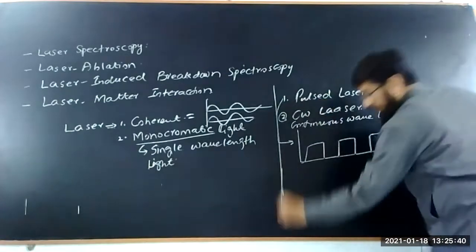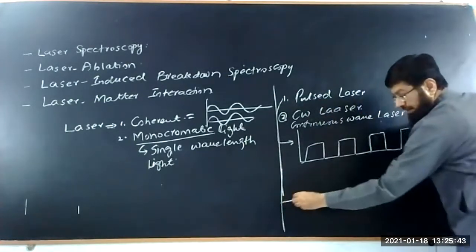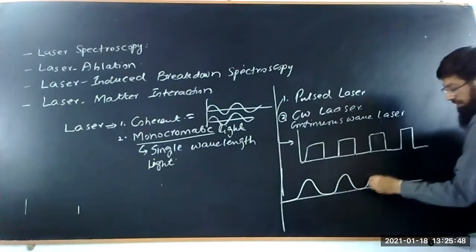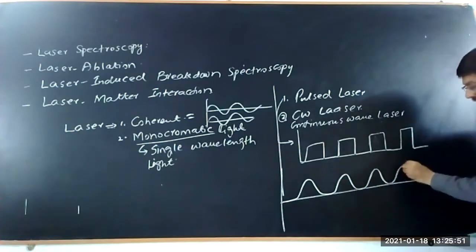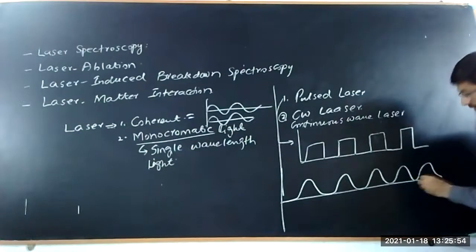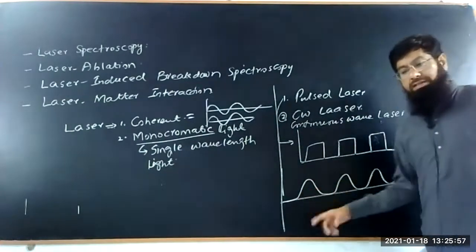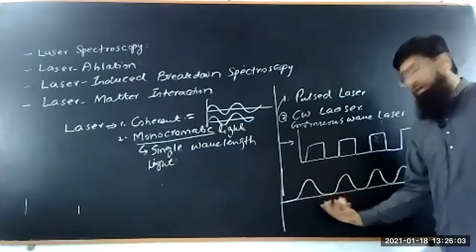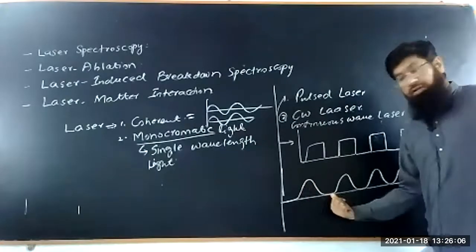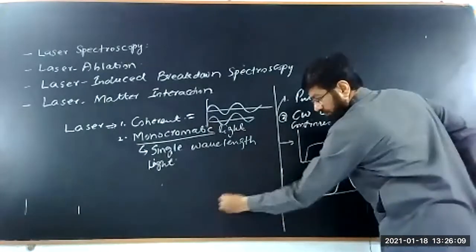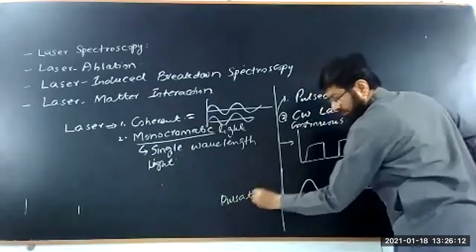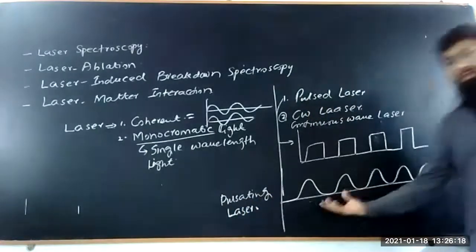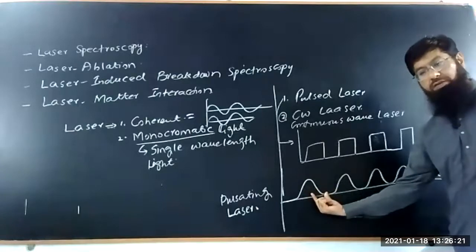So the pulses we actually get look like this, this, this, this. The light is emitted out from the laser in the form of pulses. So this is known as a pulsating laser.